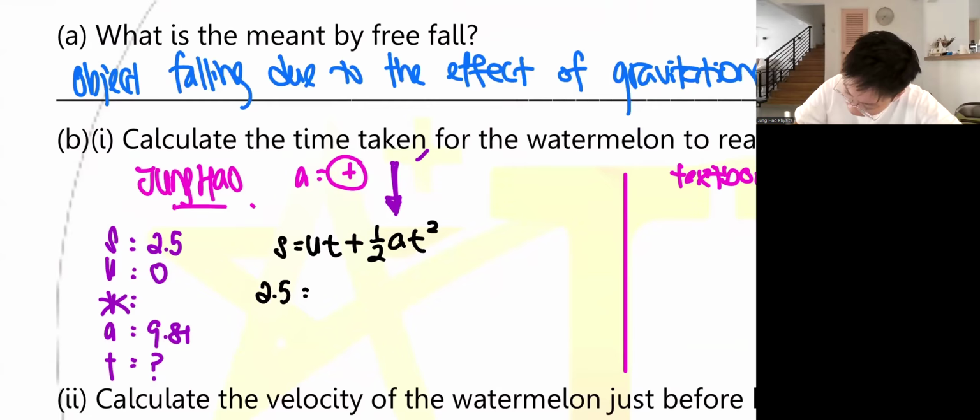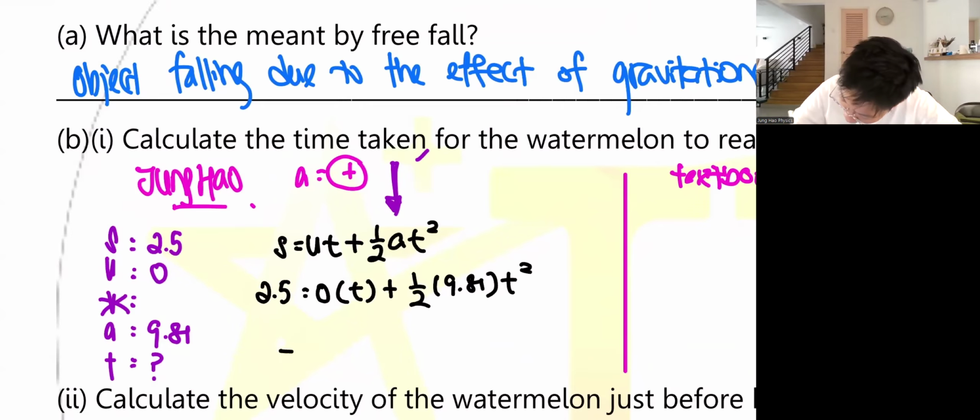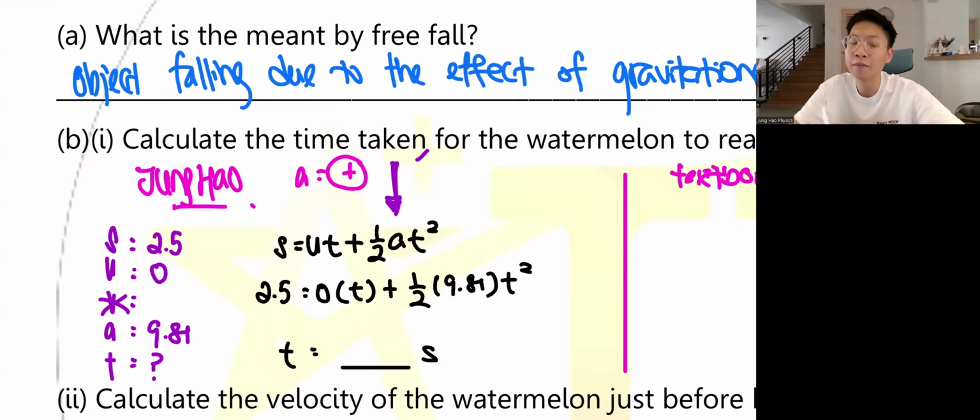So my displacement is 2.5, initial velocity is 0 times T, plus half times 9.81 T squared. I will be able to calculate my time in seconds. So this calculation that I do, like I said, is easier. Your teacher may not accept it, but I am sure that SPM will accept it.